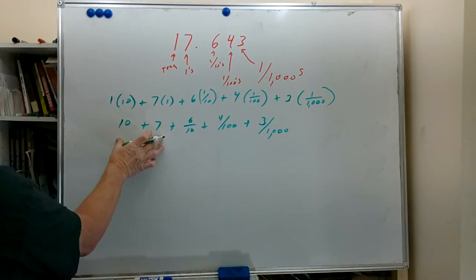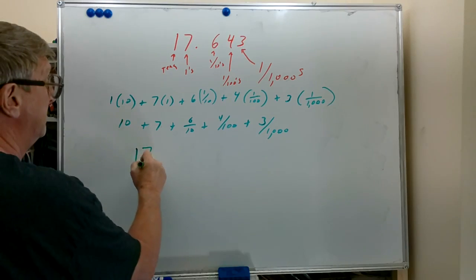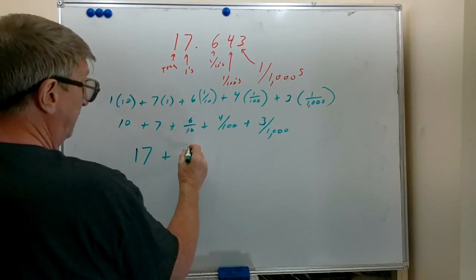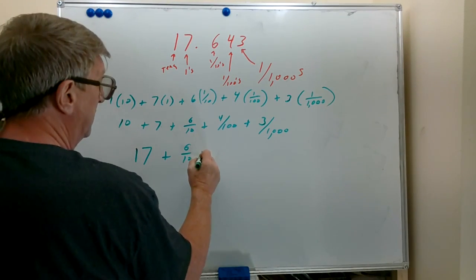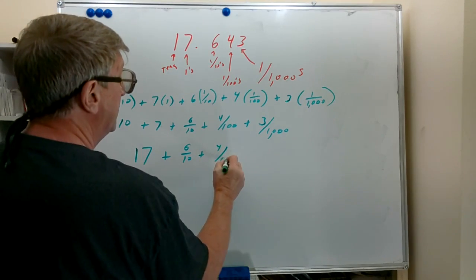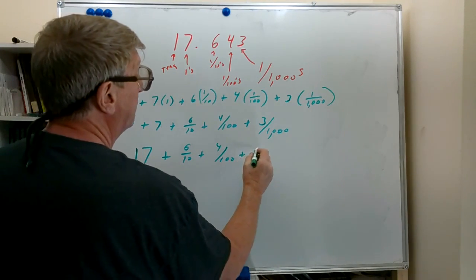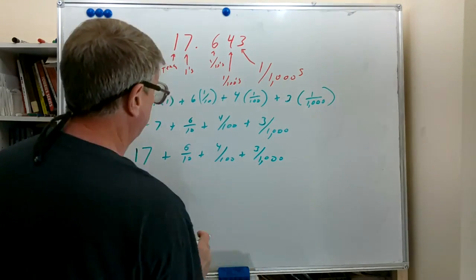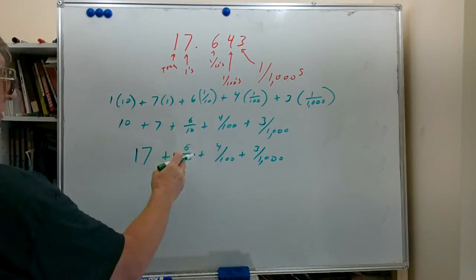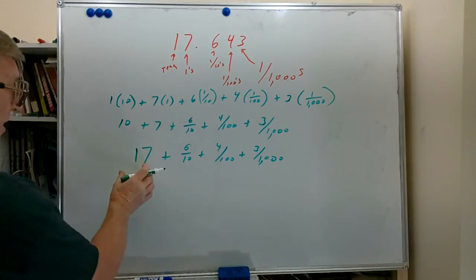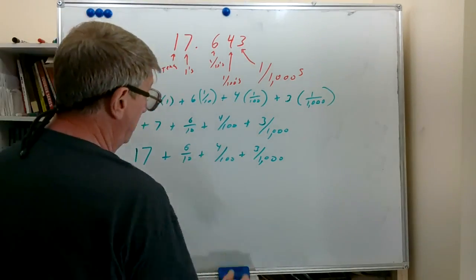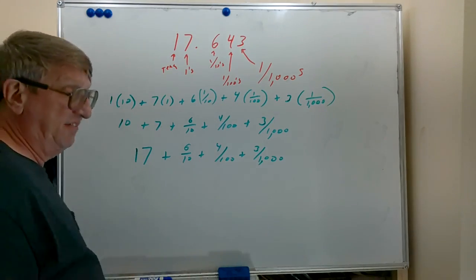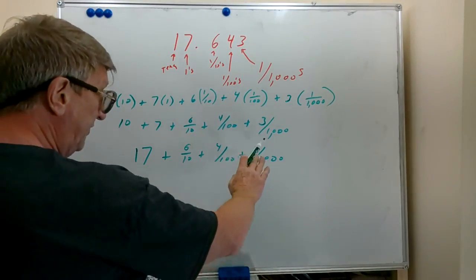Well, we can easily add these whole numbers together. That's 17 plus 6 over 10 plus 4 over 100 plus 3 over 1,000. Now we have a whole number plus a bunch of fractions. We notice that these fractions have different denominators.